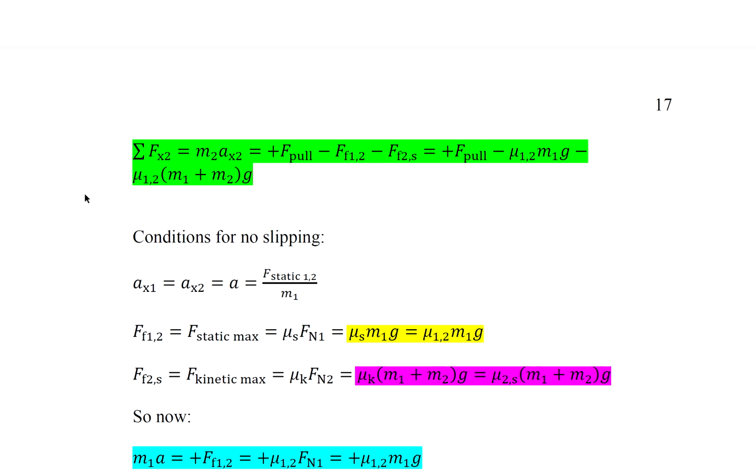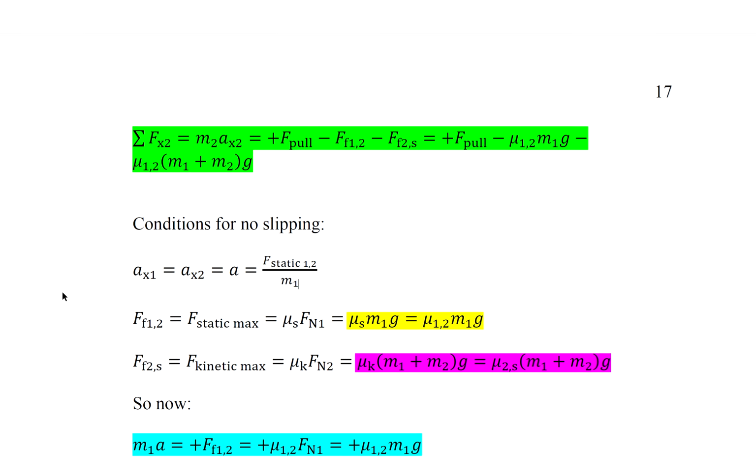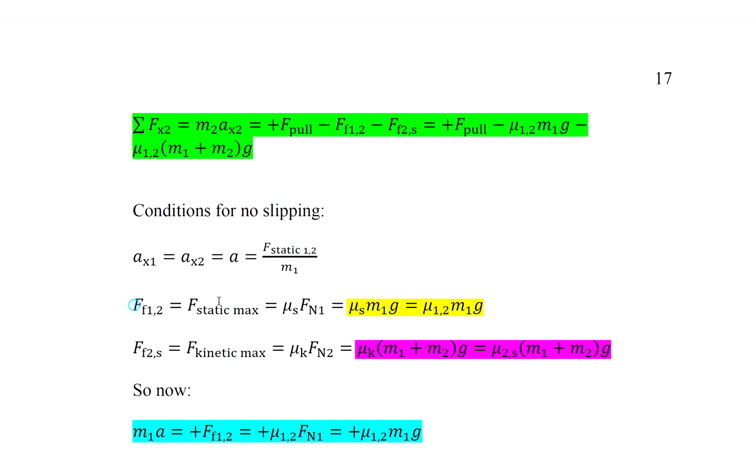So the condition for no slipping is this. So we have these two equations here. Force of friction is equal to mu force normal, and here force of friction is equal to mu force normal.